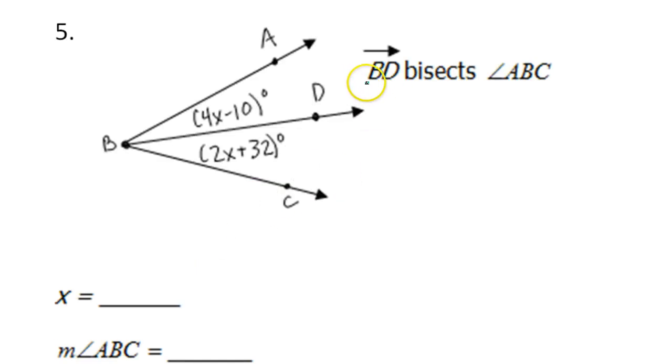Number 5, we're told that ray BD bisects angle ABC. That means these two are congruent halves. So I can make the little equation 4x minus 10 is equal to 2x plus 32. Let's get the x's together by subtracting.